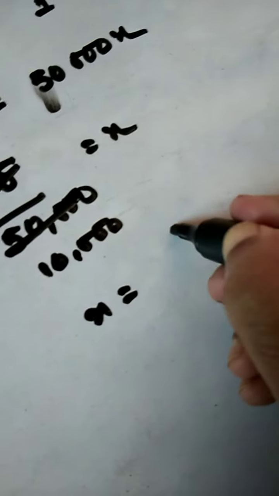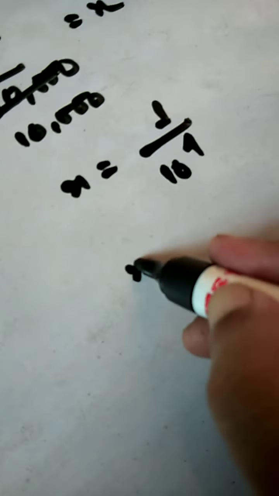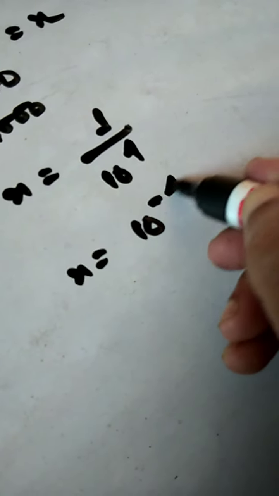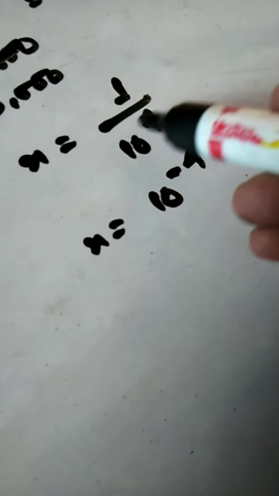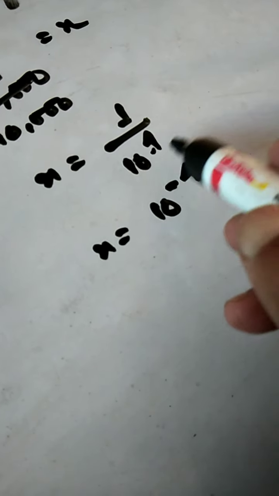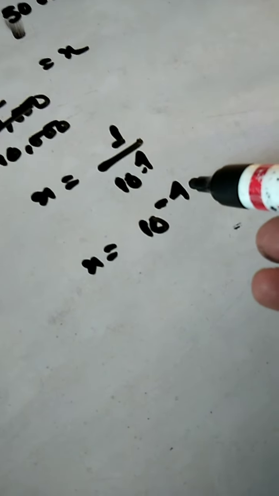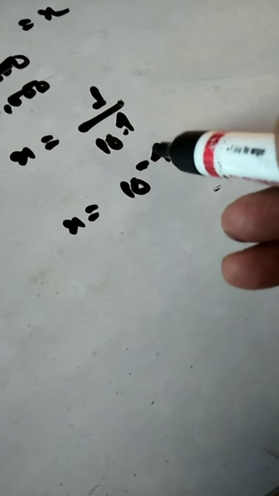So x could be written as 1 by 10 to the power 4. In exponents we have studied that if you write the reverse form, the power becomes minus. So the value of x is 1 by 10 to the power 4, or 10 to the power minus 4 also you can mention. So the actual length of the bacteria is 10 to the power minus 4 centimeter.